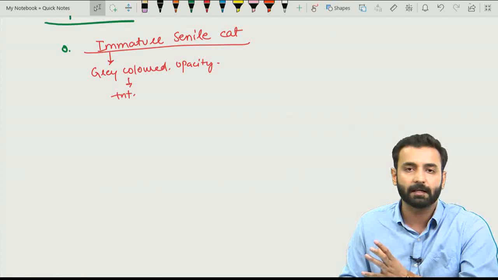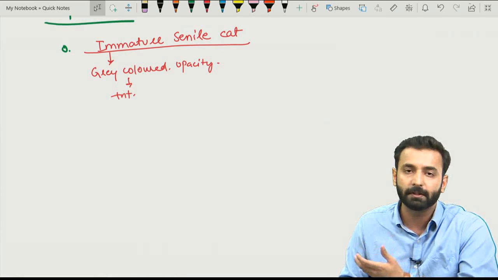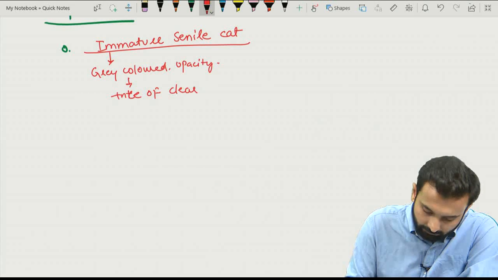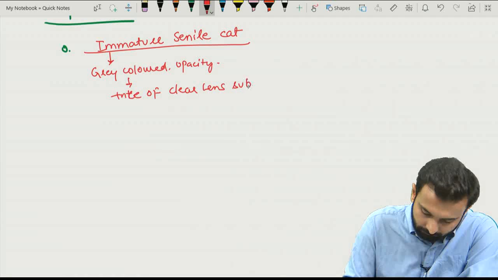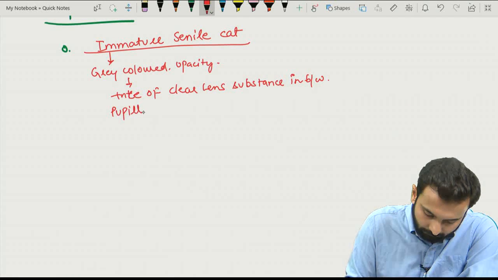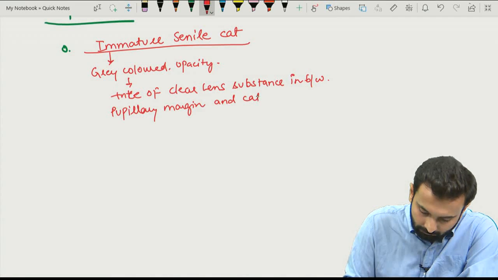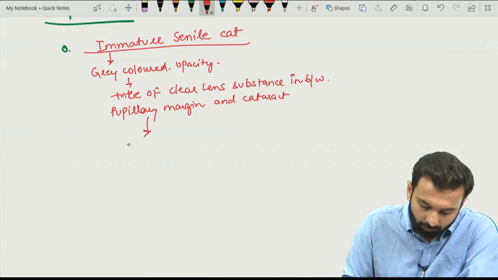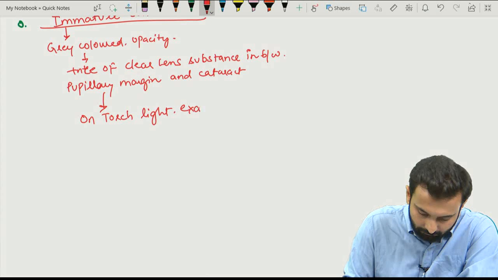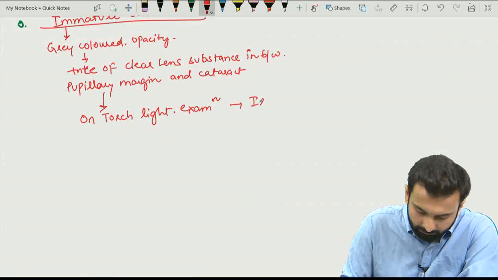So when you are doing a torchlight examination, you will see iris shadow in immature senile cataract. Iris shadow is seen.